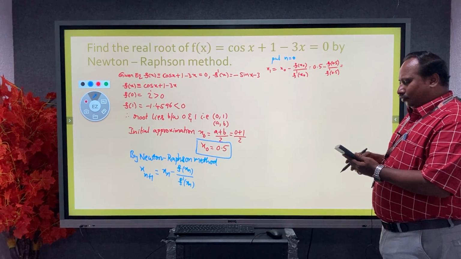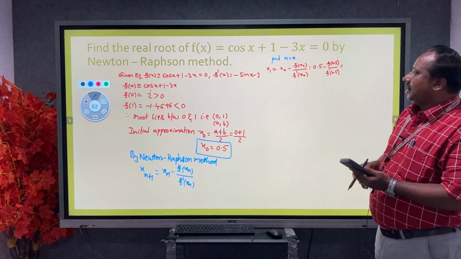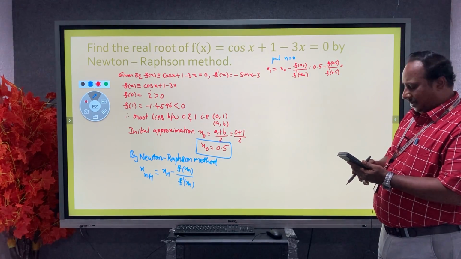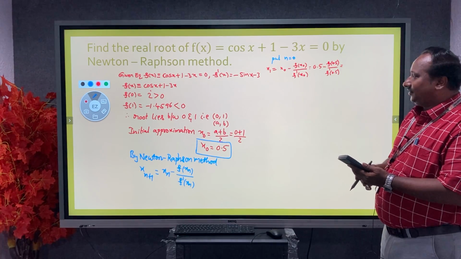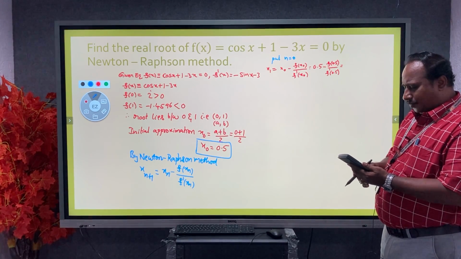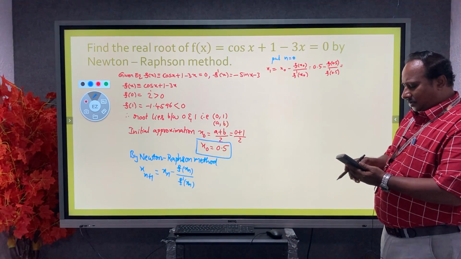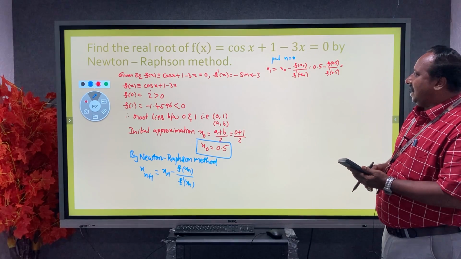So 0.5 minus f of 0.5. What is f of x? Cos x plus 1 minus 3x. So cos 0.5 plus 1 minus 3 into 0.5, bracket close, divided by bracket open, f dash. What is f dash? Minus sin x minus 3.